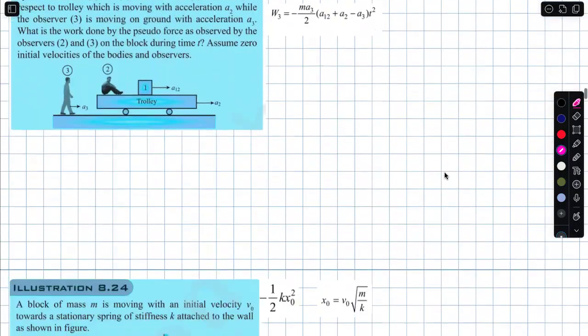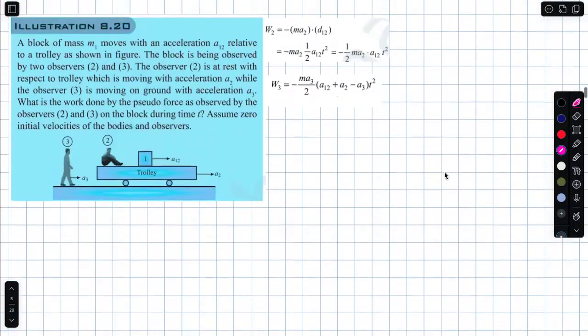This is a model related to reference frame. A block of mass m1 moves with an acceleration a12 relative to a trolley as shown in the figure.